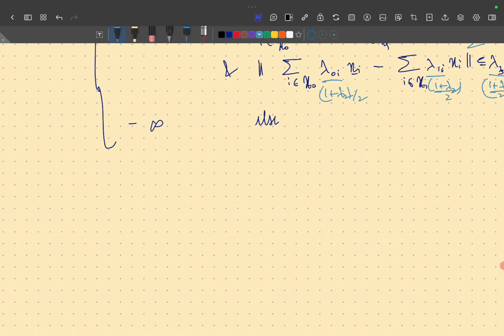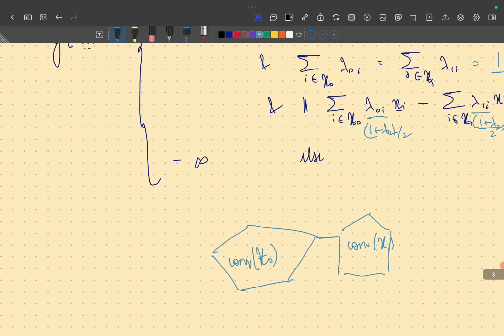So effectively, the geometric interpretation of the dual is that you have the convex hull of all the points that are labeled 0, and the convex hull of all points that are labeled 1. The minimum distance between these two convex hulls, right?